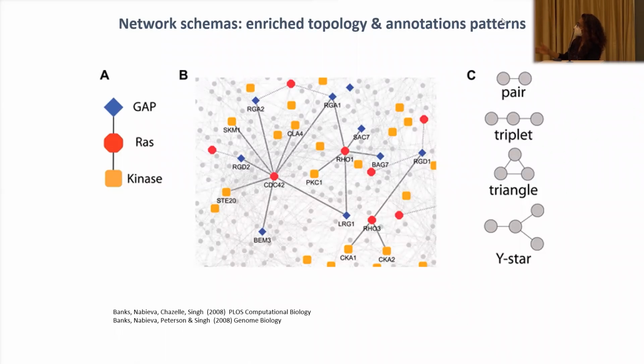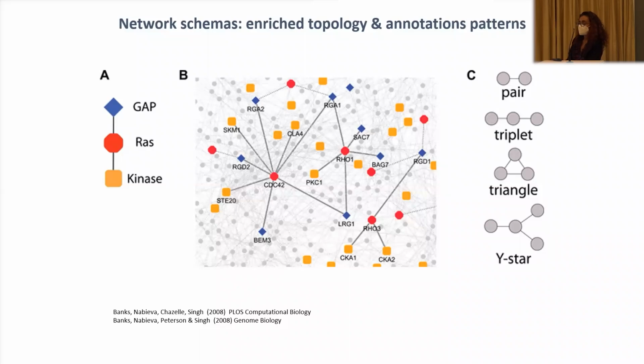It's just a straight line corresponding to something related to RAS signaling, where this RAS protein is regulated by this GAP protein, and it in turn regulates this kinase. If you look at a protein-protein interaction network, and we're talking about physical interactions here, you would see many such instances of this schema. This is a little piece of a yeast interaction network from a while back.